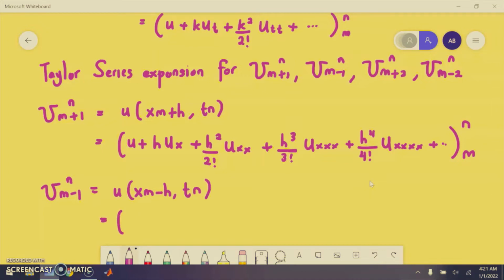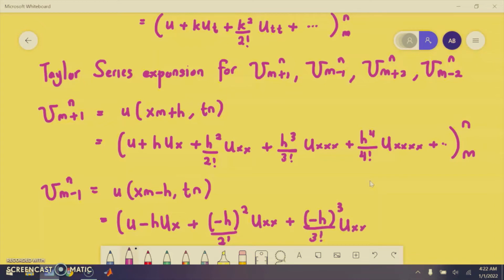So what we have here is u plus negative h ux plus negative h squared over 2 factorial uxx plus negative h to the power 3 over 3 factorial uxxx plus negative h to the power 4 over 4 factorial uxxxx, and so on.